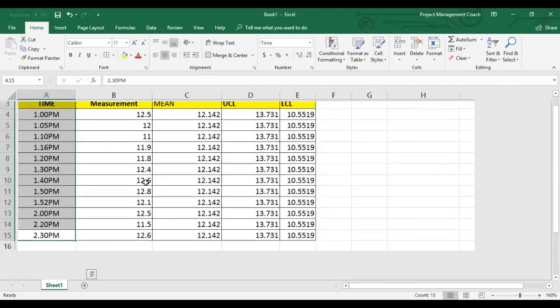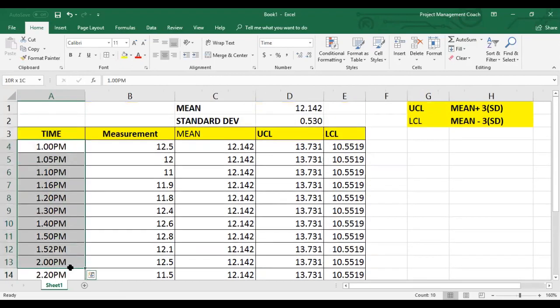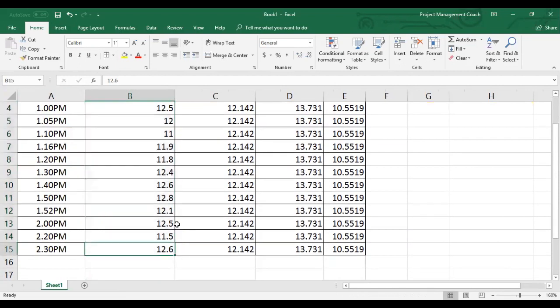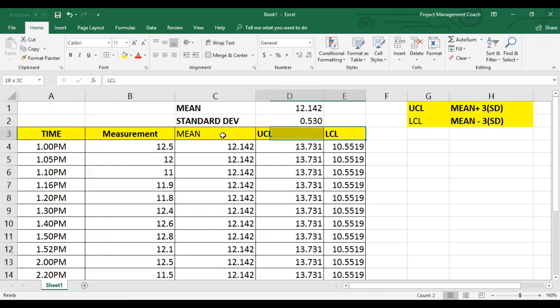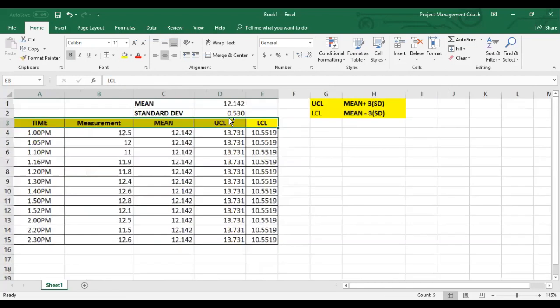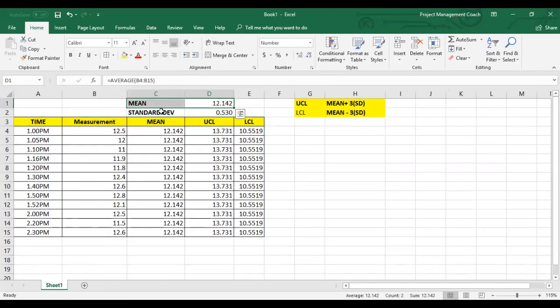If you take a close look, you can see these are times that each of these widgets was produced. That's your mean, and that's the standard deviation that we used in the formula. Mean plus 3 times the standard deviation to get the UCL, the upper control limit, and mean minus 3 times the standard deviation to get the LCL.